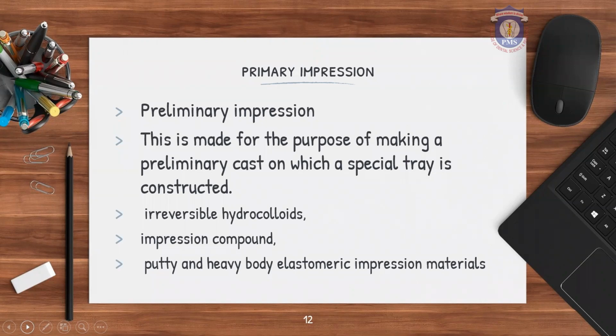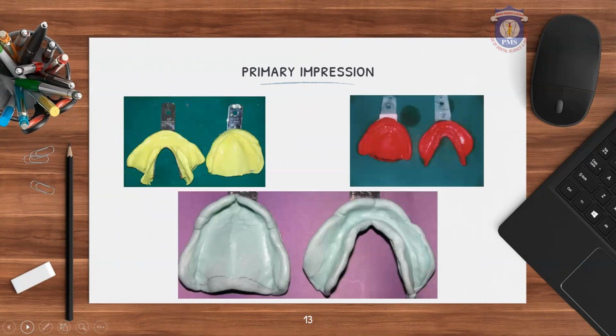So these are the primary impressions made with alginate, impression compound, and elastomeric impression material.